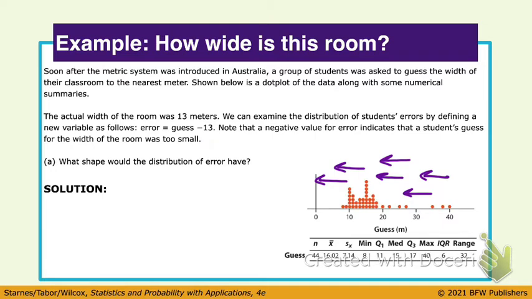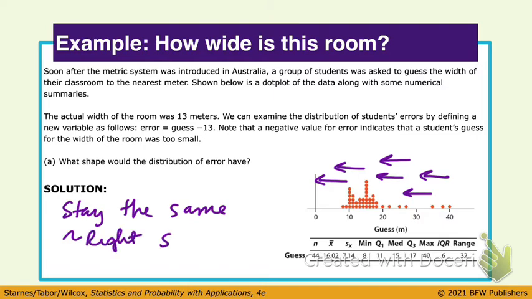So the shape would stay the same, which is approximately, what would you guys think? Right skew? Approximately right skew. And definitely this is bimodal. So that shape's not going to change.